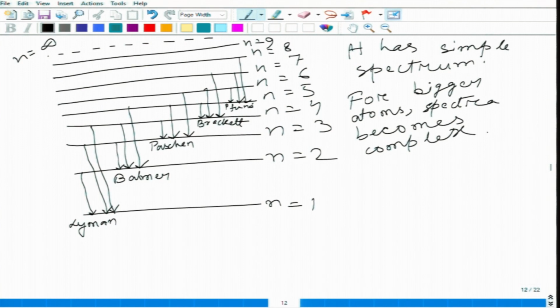But some important features were obtained which were common to all spectra. What were the features?